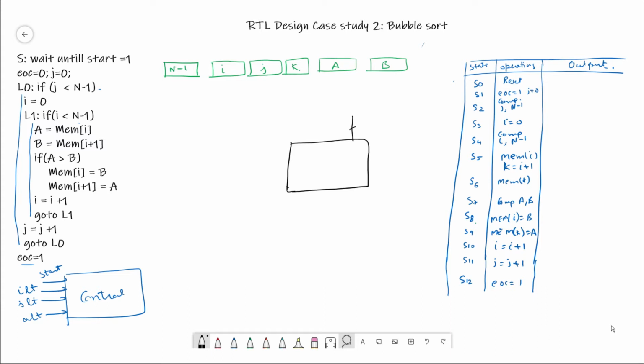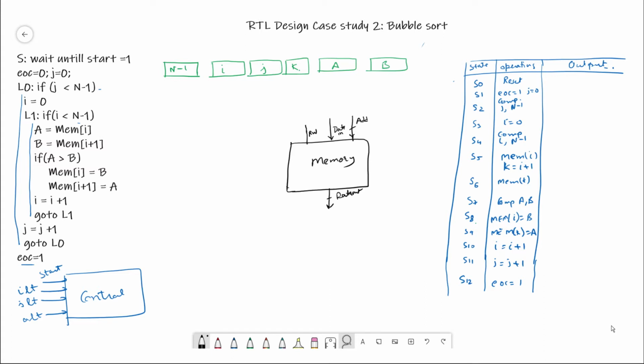One would be address, this is an input, and we require data in, and there would be a data out, and let's say there is a signal which will say whether it is RW. So this is my memory. Now if RW is 0, then let's assume that it is a read operation. If RW is 1, then it is a write operation. Okay, so this is one.